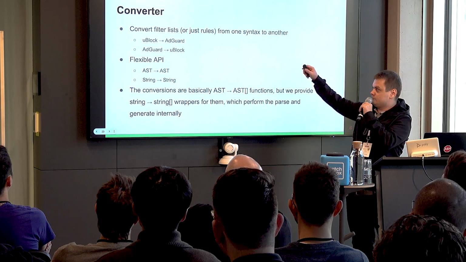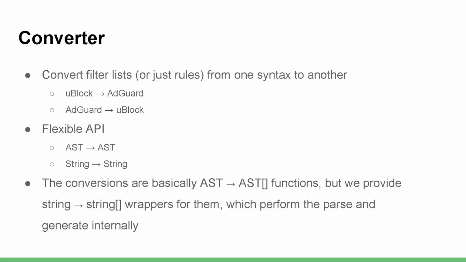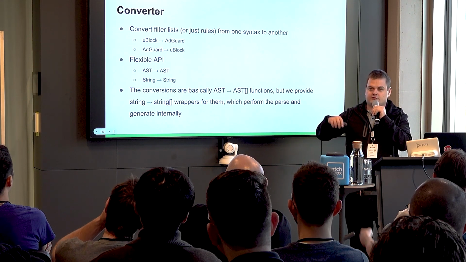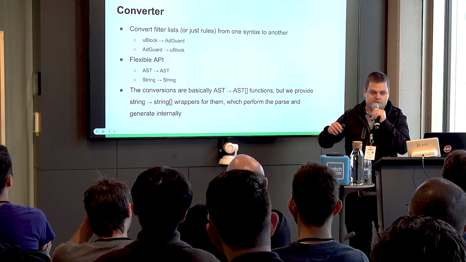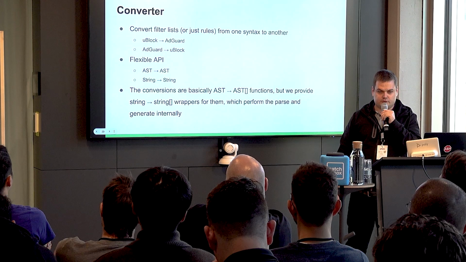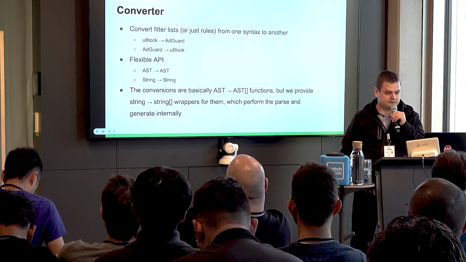And the next topic is the converter. The converter's role is to transform an entire filter list or just a single filtering rule from one syntax to another, if possible. The Converter API primarily works with AST nodes, converting from AST to AST practically.